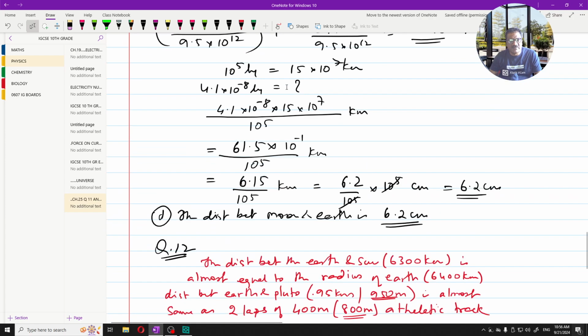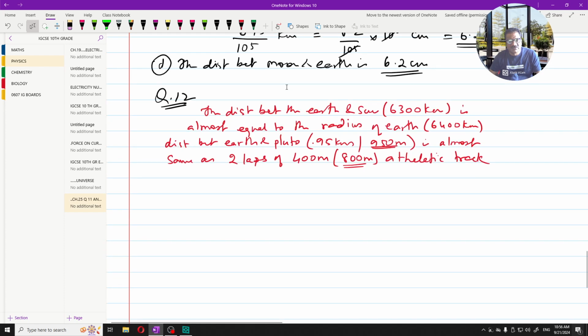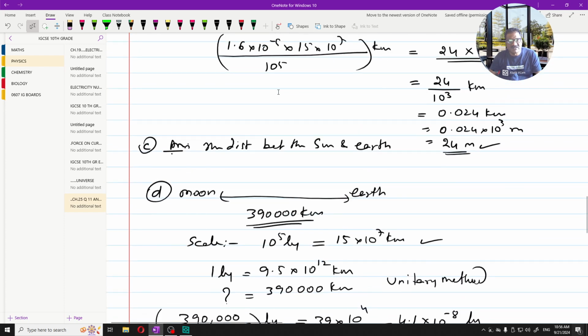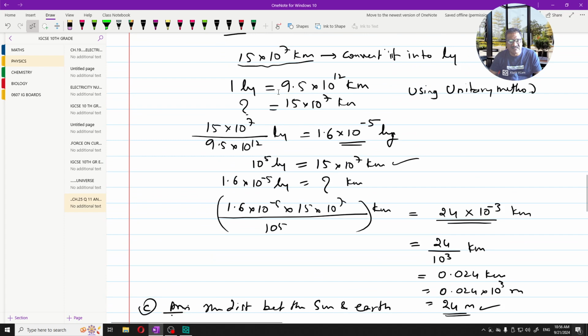Now for the C part of the question, we got the answer as 24 meters. Now 24 meters can be compared with what? 24 meters was the distance between the earth and the sun in meters.